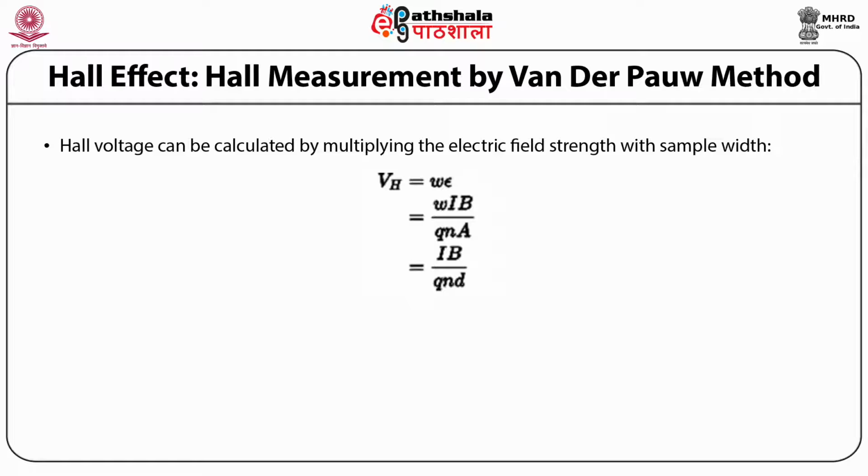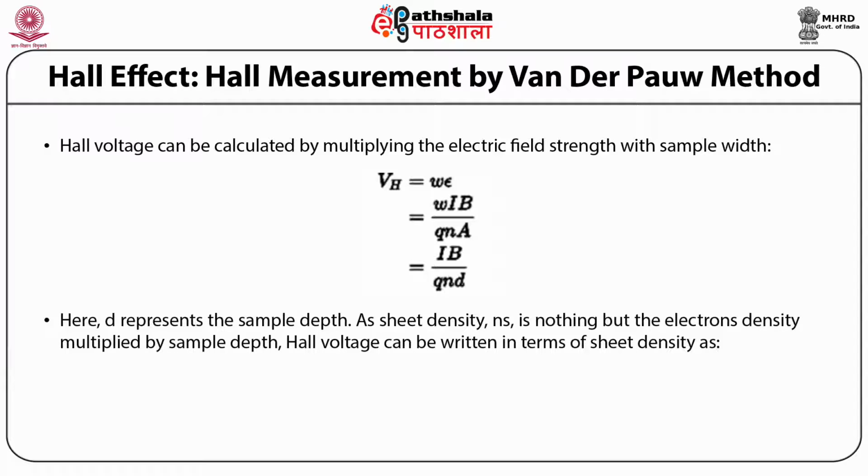This is also equal to IB divided by qnd. Here d represents the sample depth, as sheet density n_s is nothing but the electron density multiplied by sample depth. Hall voltage can be written in terms of sheet density as V_H equals IB divided by qn_s.